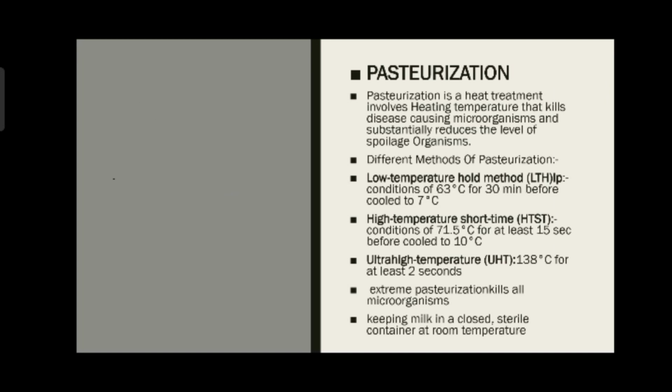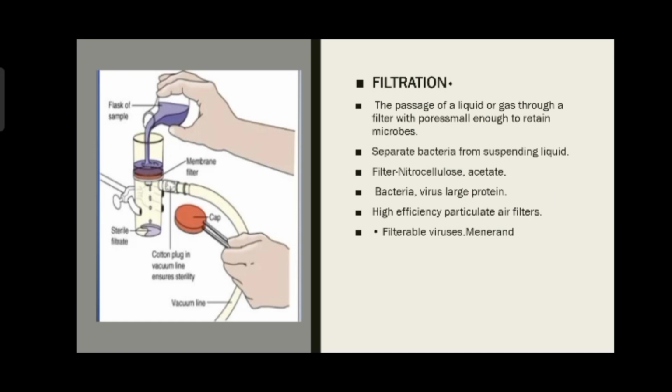But in the low temperature method, the milk is exposed to the temperature of 63 degrees Celsius for 13 minutes before it is cooled to 7 degrees Celsius. So these are the three different methods of pasteurization. These are some of the methods that come under the moist heat sterilization techniques.